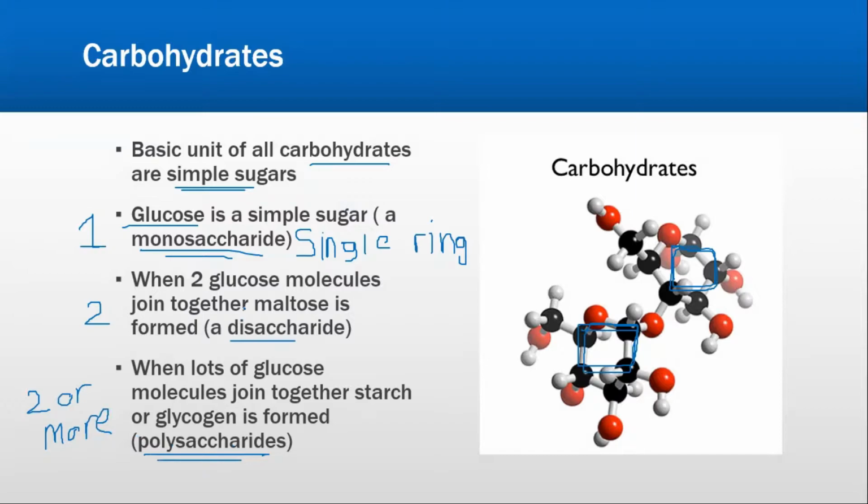For example, अगर मैं बात करूं, I have an example of glucose. Now glucose itself is a monosaccharide. When it's going to combine with another glucose, it's going to make maltose, and maltose is a disaccharide.